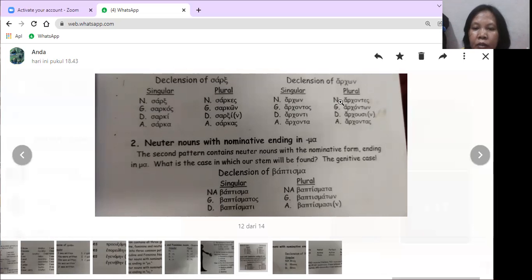In plural, nominative in the ending ontes, genitive plural in the ending onton, dative plural in the ending ousin, accusative plural in the ending ontas.